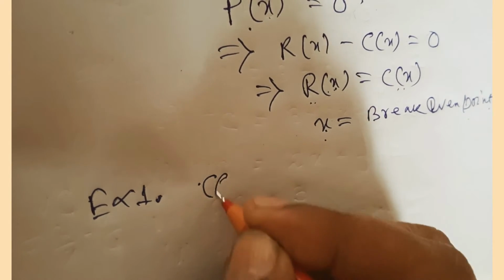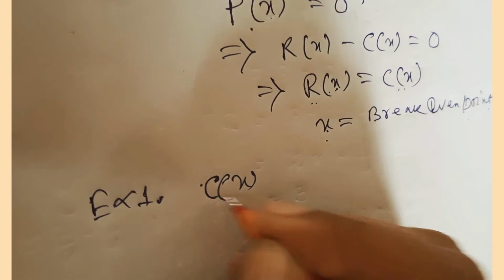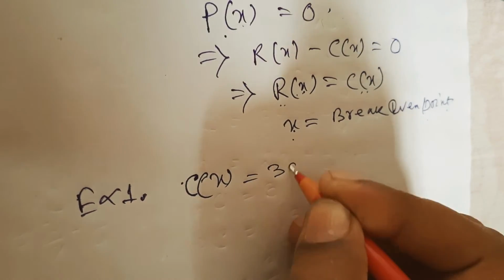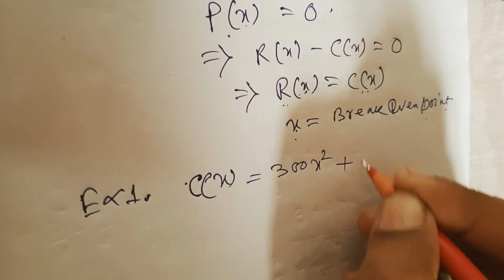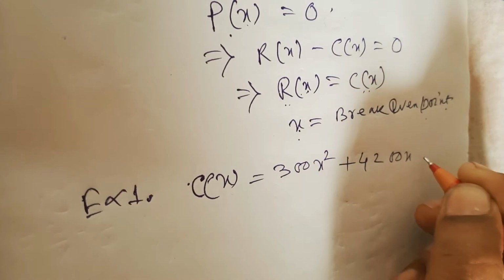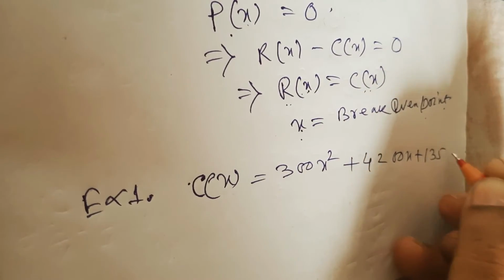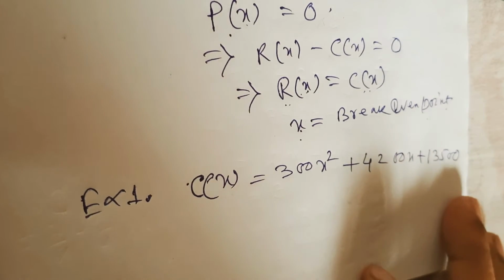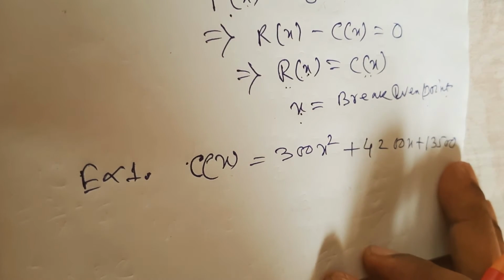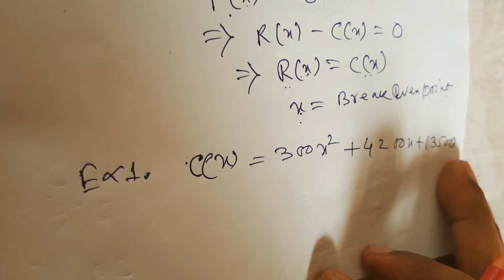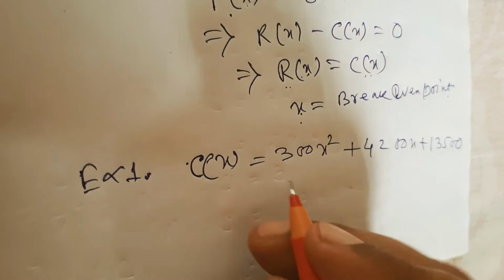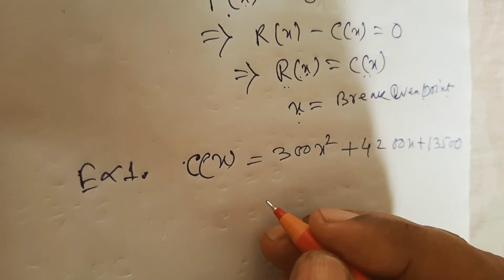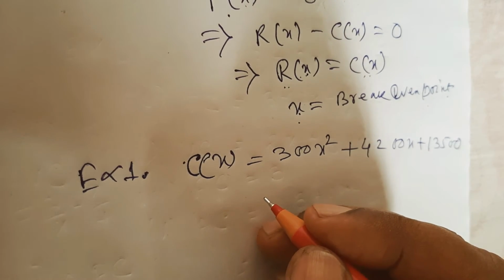Cost function is equal to 300x square plus 4200x plus 13500. Each product is sold for 8400 rupees. Determine the break-even point.